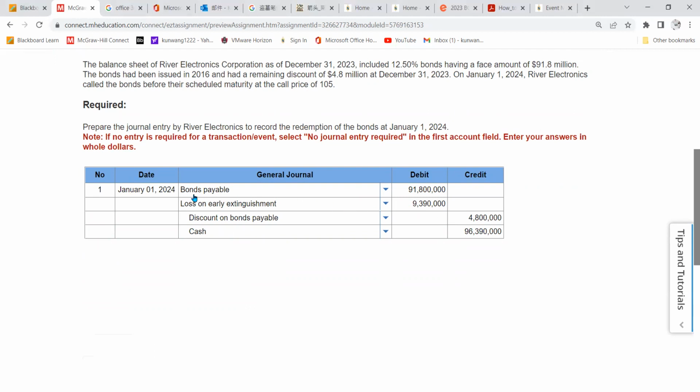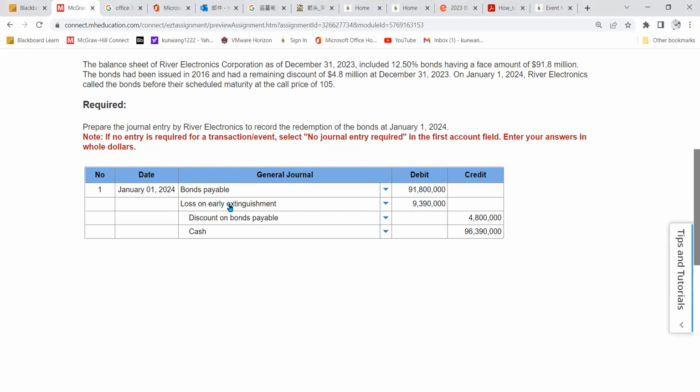So we reduce, cancel the bonds payable by the face value. Then you are paying a higher price, 105% of the face value. Then we need to remove the remaining discount of 4.8 million. Then finally, you can insert a loss account. Definitely we should have a loss rather than a gain.